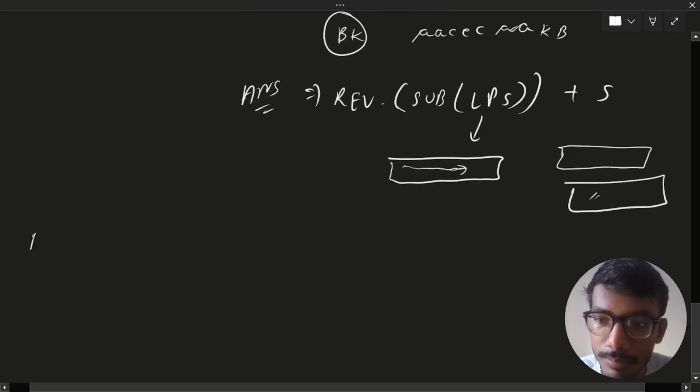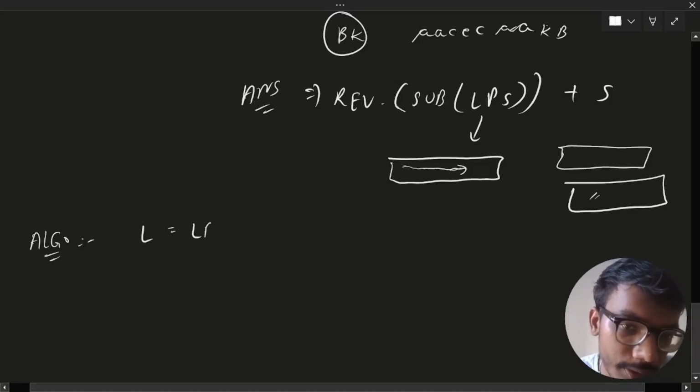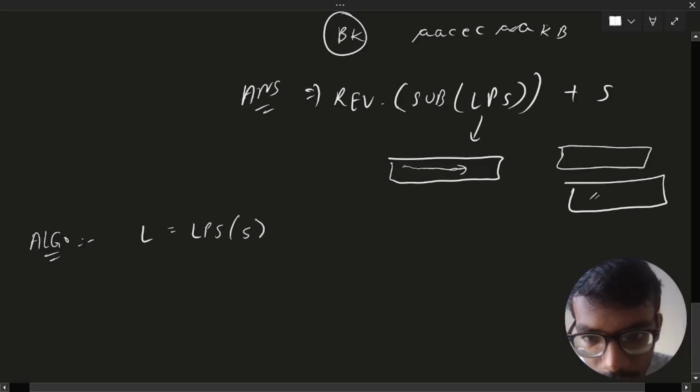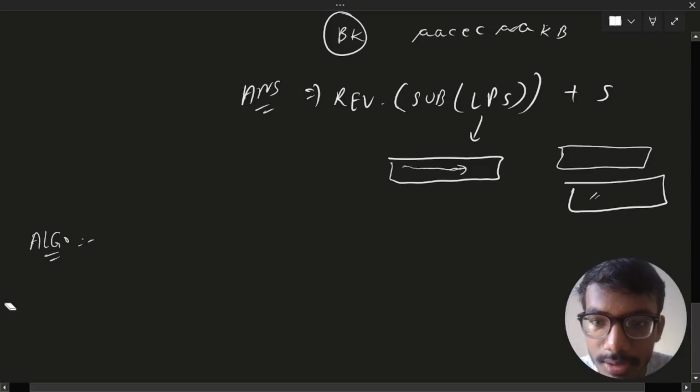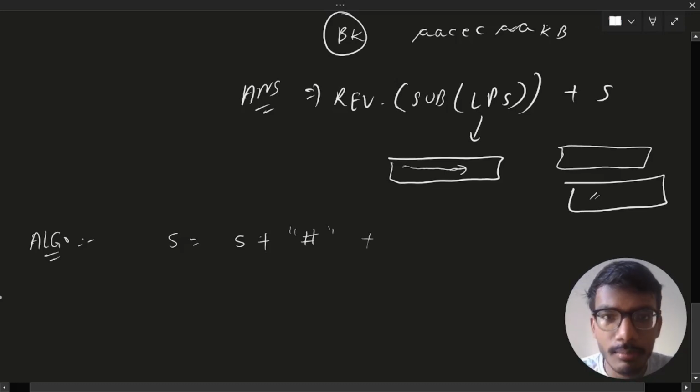So what is our algorithm? Let us say I have written an LPS function which takes our string. Firstly, I am modifying our string. Our string is s plus a hashtag, which is something called a separator, because I don't want the reversal and the original string to be combined.